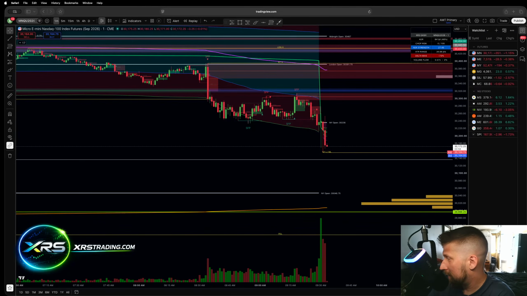I think mine is like a small continuation short with a small position. I'm going to stop trading because I got pretty lucky on those last couple trades. I usually don't trade during the open like this, but those just looked pretty good.